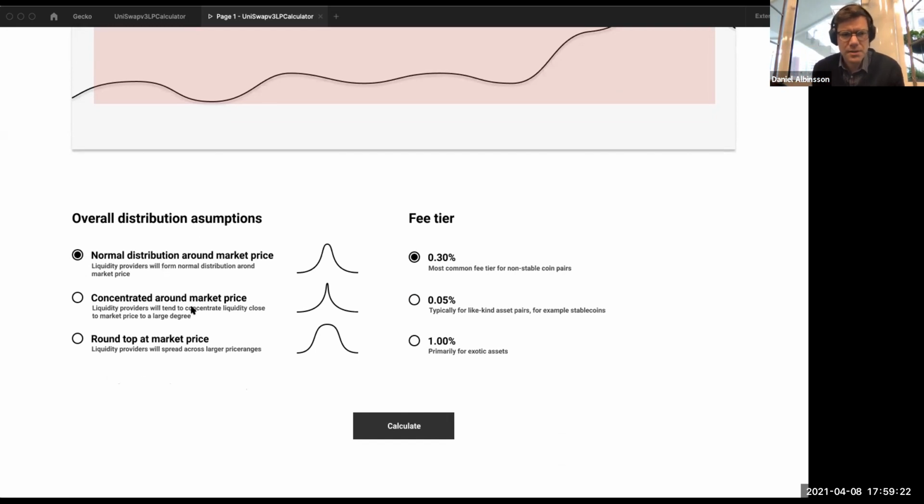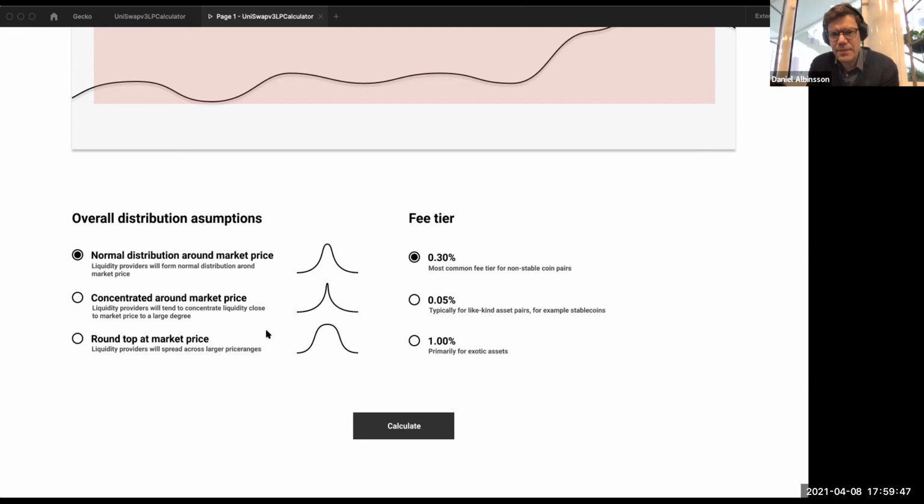The other assumption is concentrated around market price, meaning that many more will be trying to be very narrow, trying to predict the price very specifically. Or just a round top: I'm trying to capture all, I'm fine with 50 or even 60% both ways, or something like that.